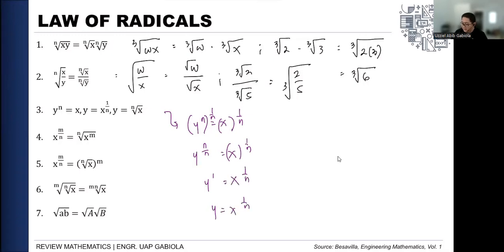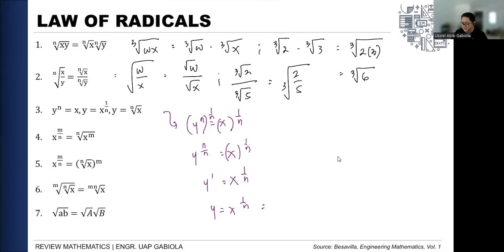And then kung naka 1 over n yon, ang ibig sabihin niya daw is ito. Na related siya dito sa number 4. Now, when we see a fractional exponent, pwede siyang i-convert into radical by using the numerator of the exponent as an inner exponent nung base natin.